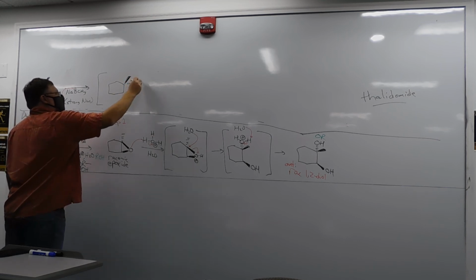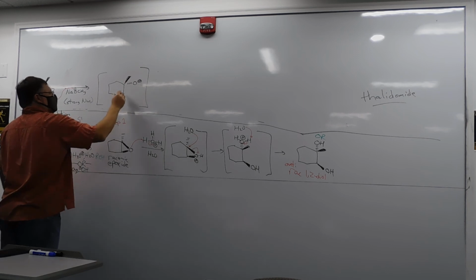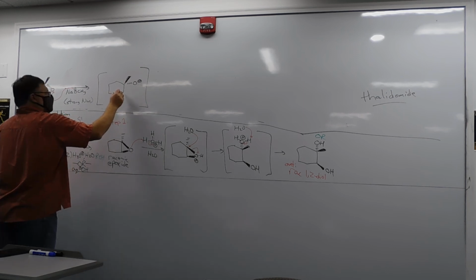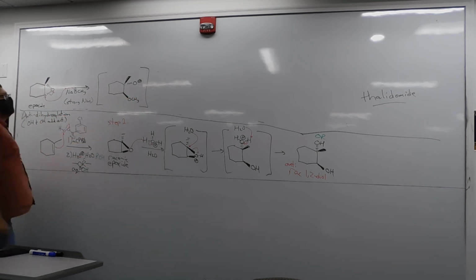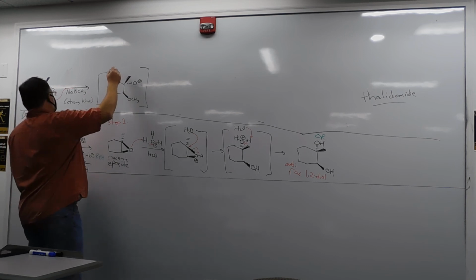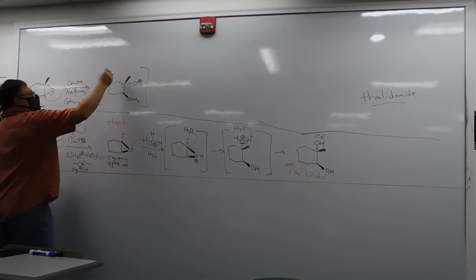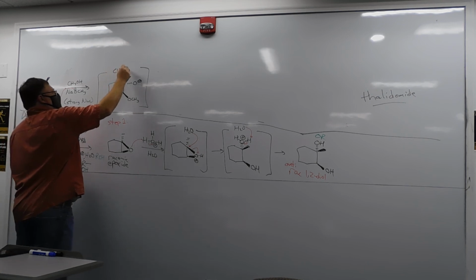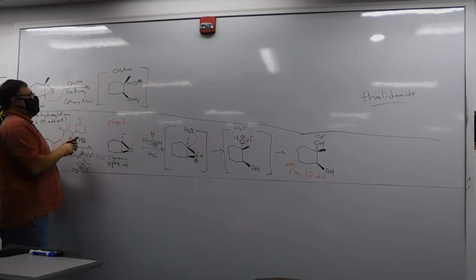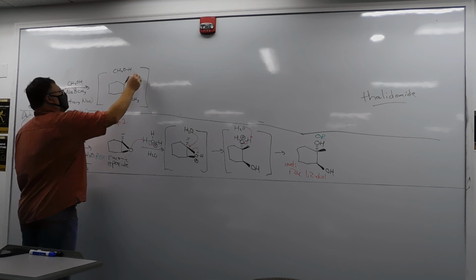It's a backside attack, so we invert the carbon that gets attacked. Because it's being driven by the nucleophile, the strong nucleophile attacks the less substituted carbon. This would be run in methanol. And now you finish the reaction by that O- grabbing a proton off the methanol.